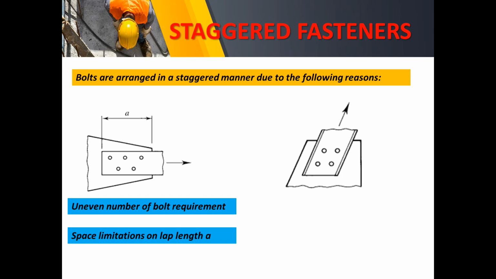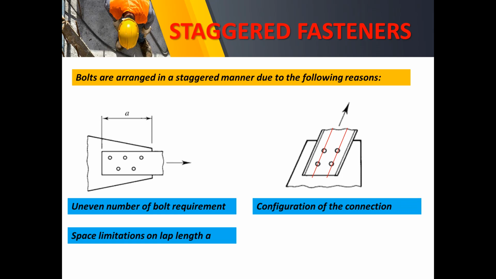Hence, the configuration requires that your bolts be in staggered form. So the second condition is that you need to make your bolts or connections parallel to the loading. In that case, it depends on the configuration of the connection.